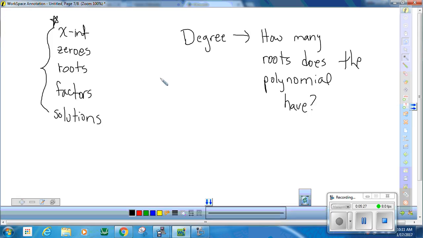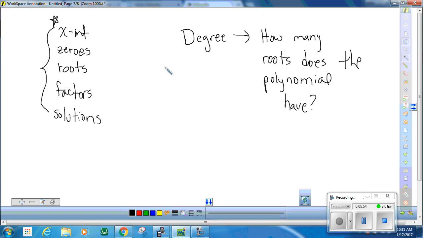Now, what we also learned was that sometimes those can be real roots, and sometimes they can be imaginary roots. And what we also learned with quadratics is that the imaginary roots don't show up on the graph. So when we look at an equation and we look at its degree, we know how many roots it should have and how many roots it has to have.